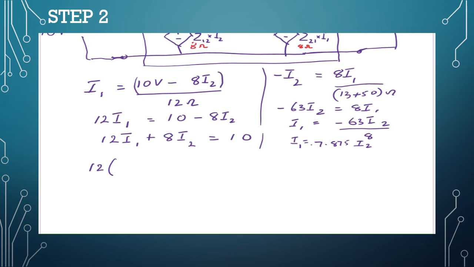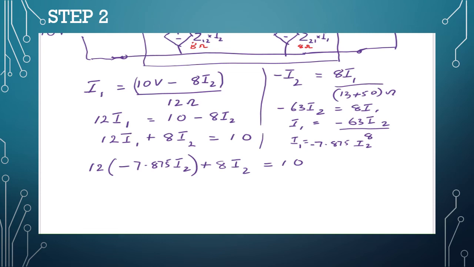I1 is negative 63 I2 on 8, so I1 is negative 7.875 I2. So we have here that 12 multiplied by negative 7.875 I2 plus 8 I2 equals 10.